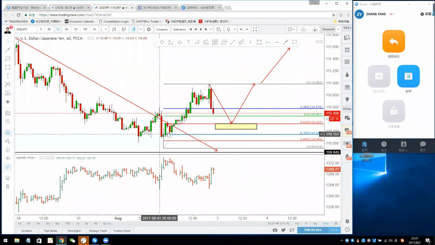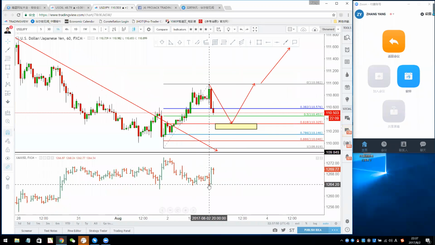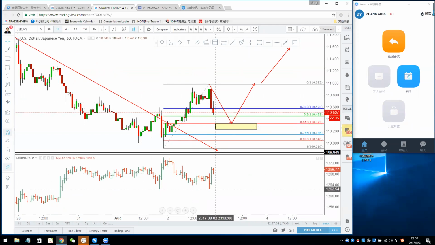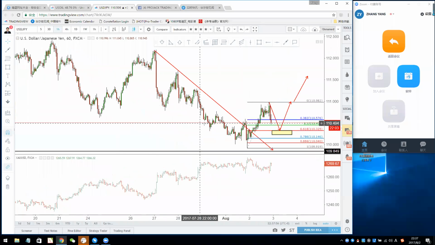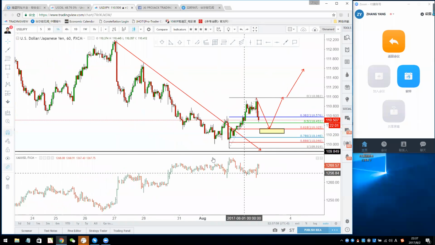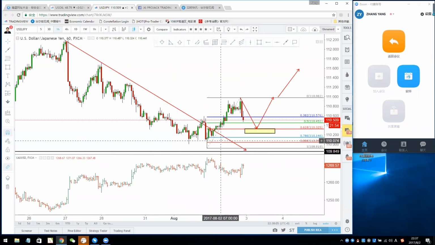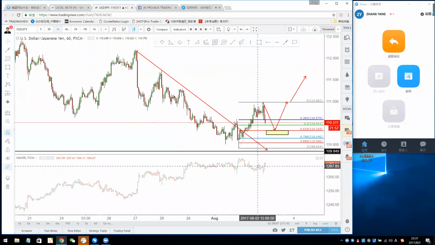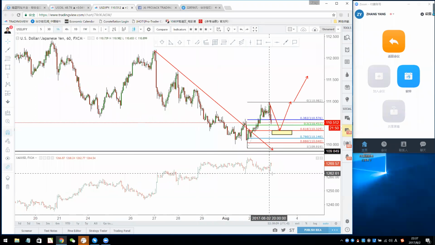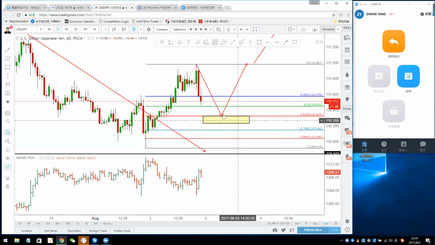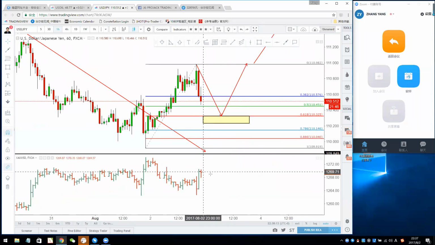This move and this move, it works: dollar yen goes up, gold goes down. But dollar yen breaks a new low, whereas the gold didn't really break a new low, which means the dollar yen's drop is bigger than the gold's upside move. But you can use this as a related signal.